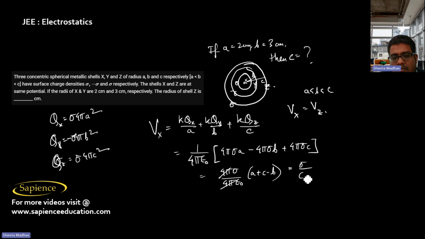So this is sigma by epsilon naught into A plus C minus B.